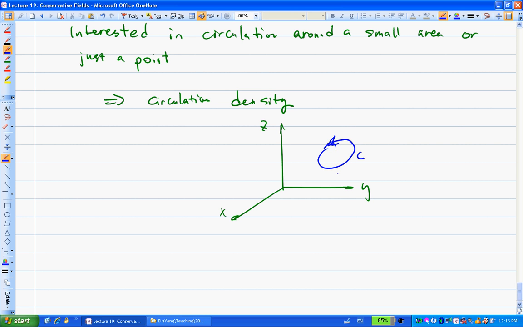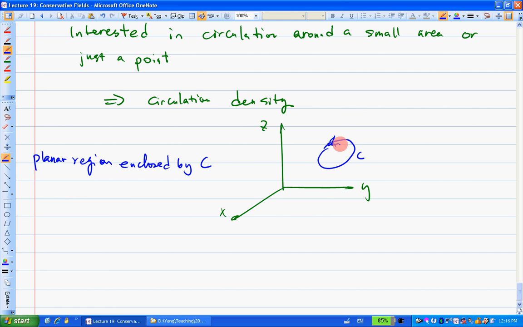So here's a curve C, and a couple of things we're going to define here: the orientation of the curve C, and the region enclosed by C. We're going to consider a planar region, not an irregular surface bounded by the curve C. As a matter of fact, we're going to look at that later.